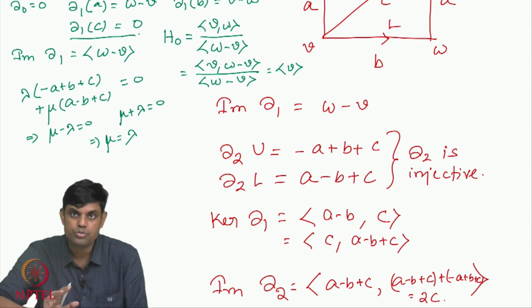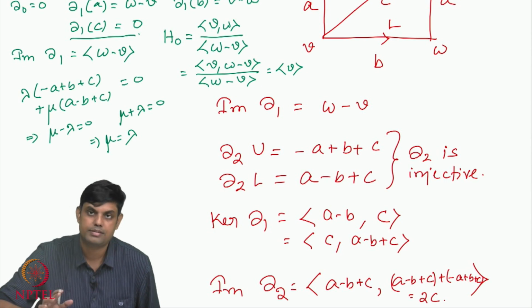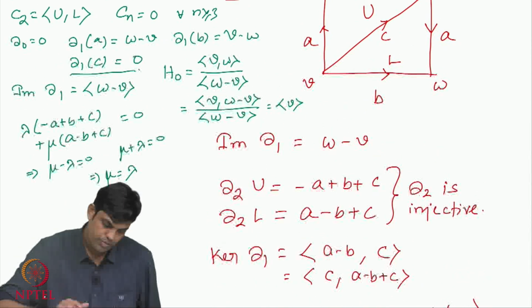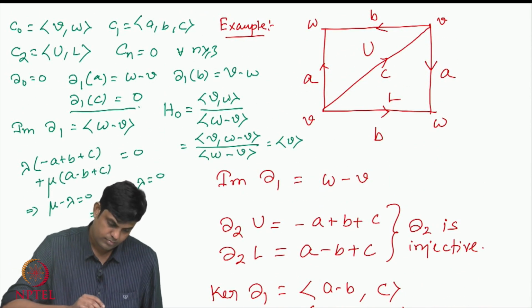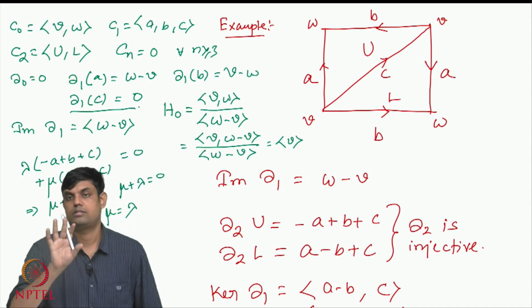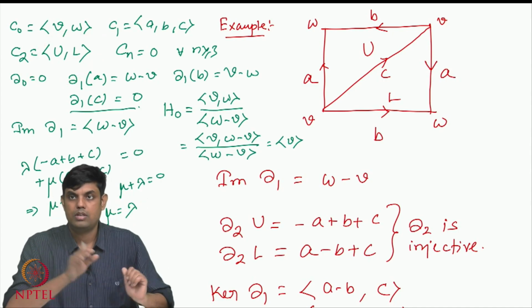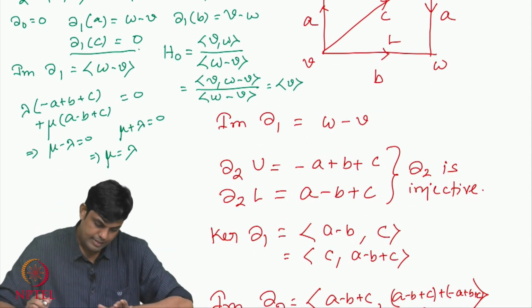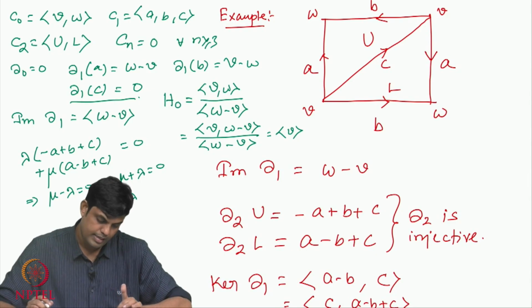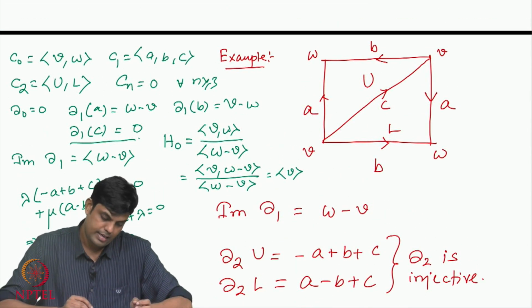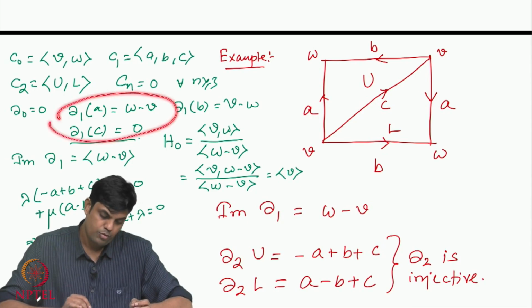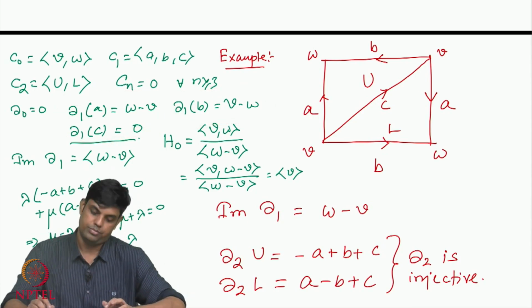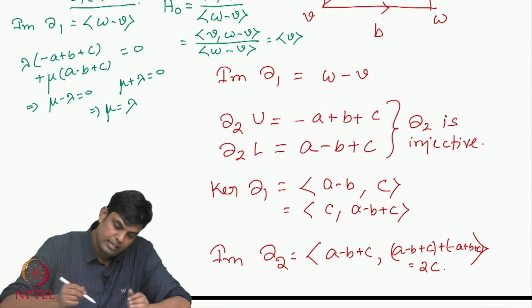So once delta 2 is injective, if you look at C2, C2 has dimension 2, that has 2 generators. So the image will have 2 generators. Okay. On the other hand, if you look at kernel of delta 1, this we have computed, delta 1 is W minus V, which is V minus W. Okay.